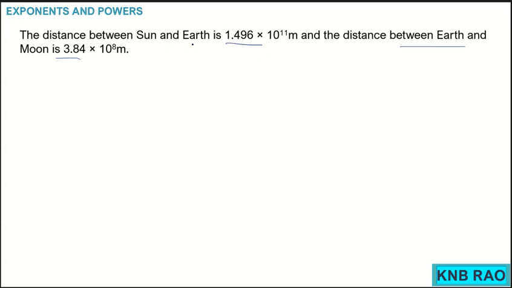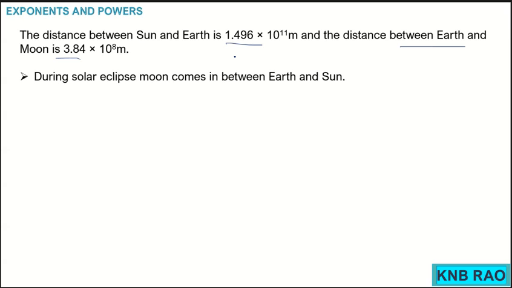So the distance between earth and sun is more than the distance between earth and moon. Because of this 10 power 11 and 10 power 8, we can compare and say, during a solar eclipse, the moon comes in between the earth and sun. During a solar eclipse, we will have the moon coming between earth and sun.